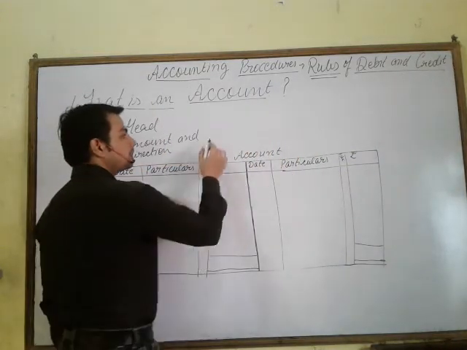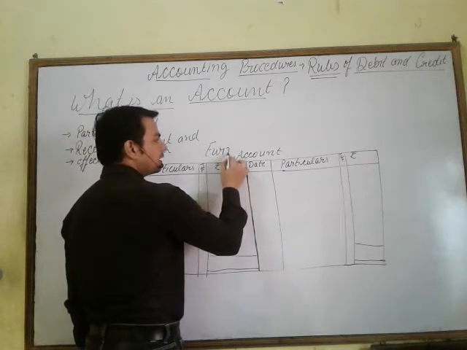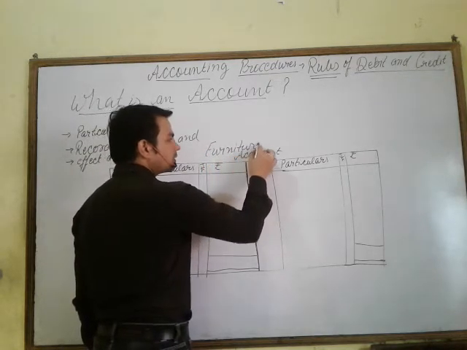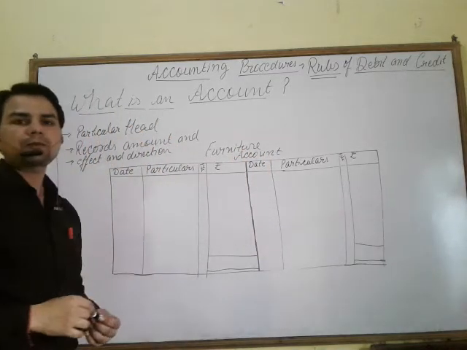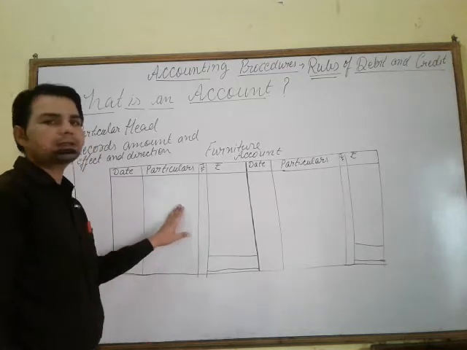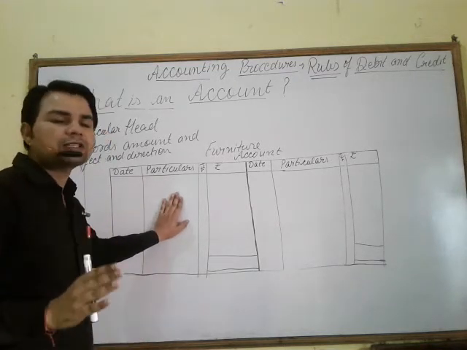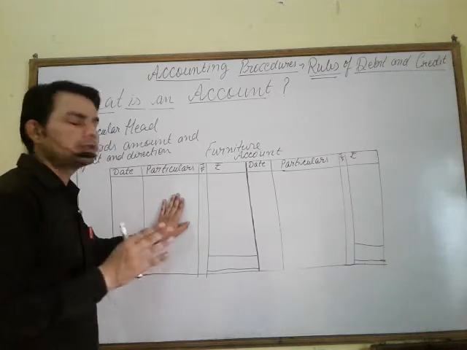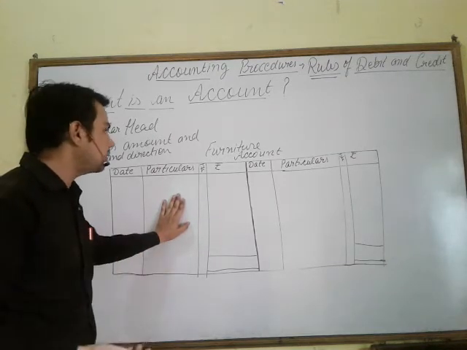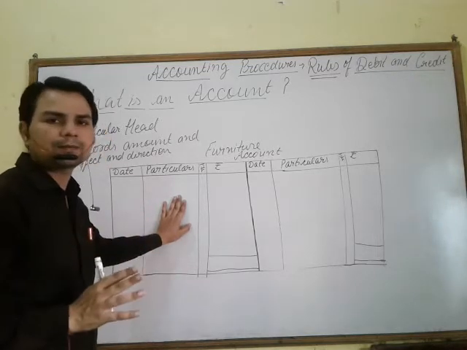On the basis of the transactions I have taken as illustration, we can write furniture account. If you are purchasing a chair, then furniture will increase, not chair account, only furniture account. If you purchase sofa, furniture account. If you purchase table, dining set, whatever, furniture account.